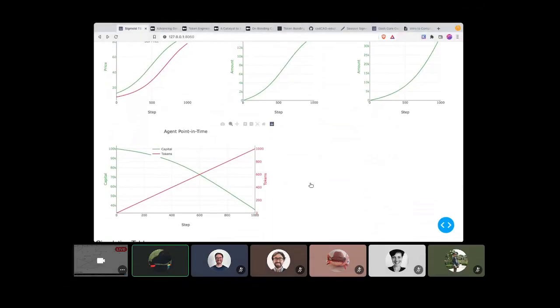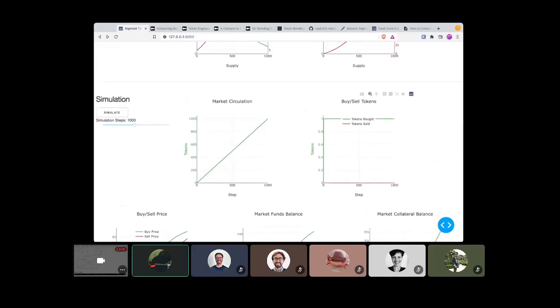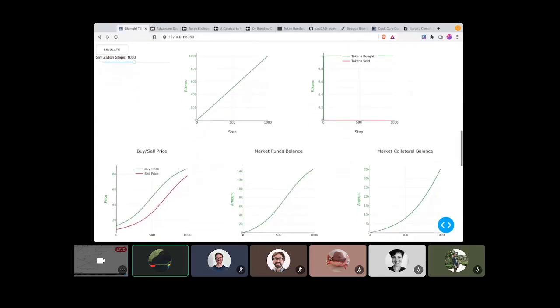So for next steps, I would like to obviously move this beyond a single agent simulation. I think the validation is somewhere in the 90% complete range, and I would like to see how this responds as we bring in agents, perhaps with different strategies.